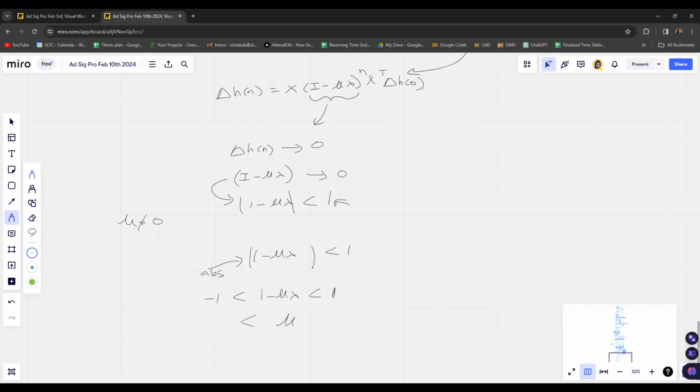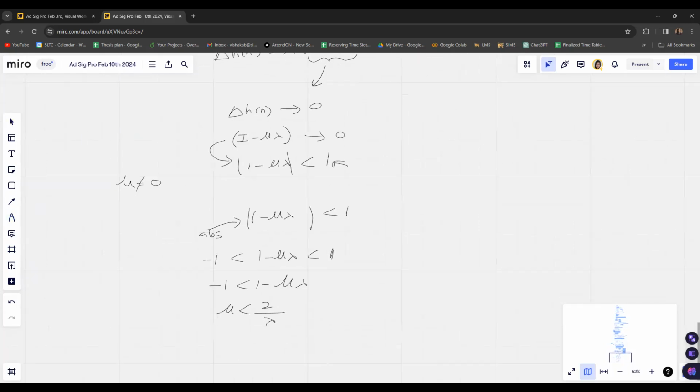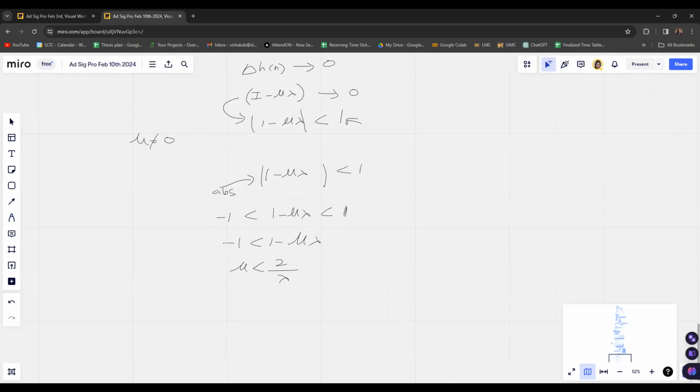By considering the left hand side only, I can write that 1 minus mu lambda should be above -1. By taking the mu to the left side, I can say it is equal to 2 over lambda. So that is one expression. Another expression is finding the mu value that satisfies the right hand side.